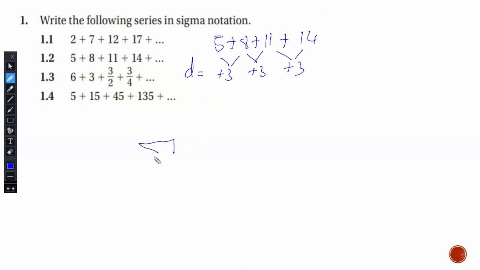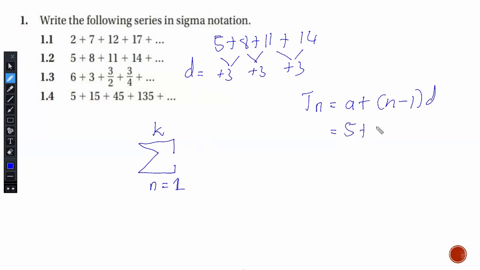Again, we start with our sigma notation, and then we indicate n has to run from 1, but then has to end at a k value, which we do not know. So at this point, we need the general term. So Tn is equal to a plus (n minus 1)d. So a is 5, and then plus (n minus 1), and then your d value is 3.